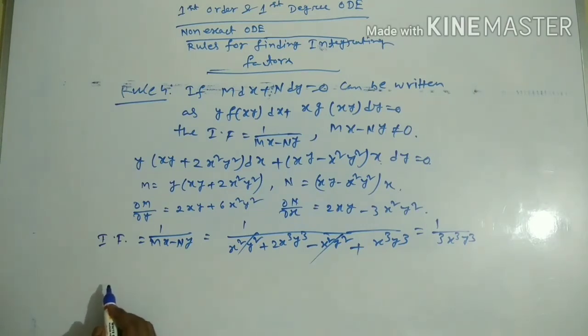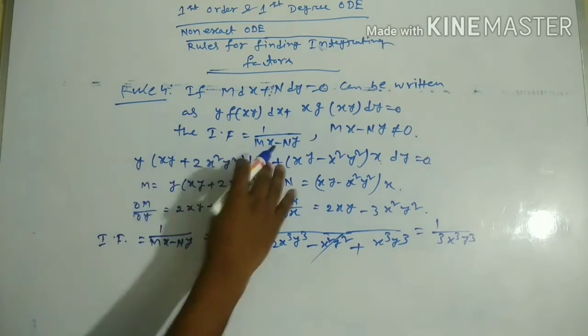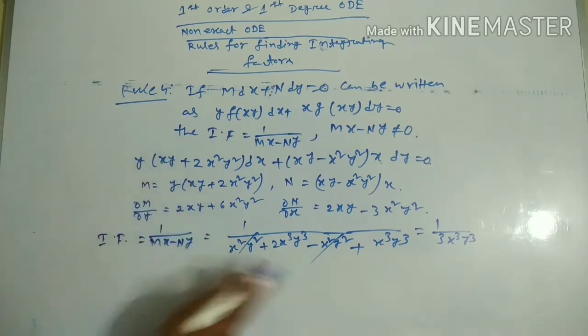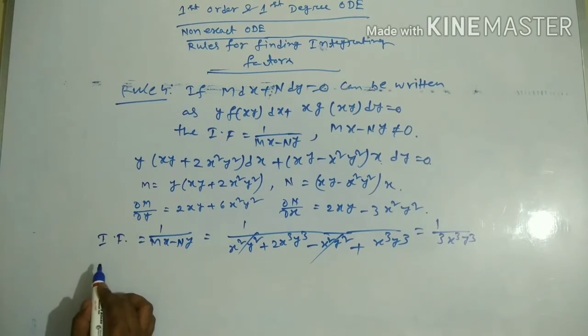Now we will multiply this non-exact ODE by the integrating factor. Then it will be, this is xy square multiplied by 1 by 3x cube y cube.